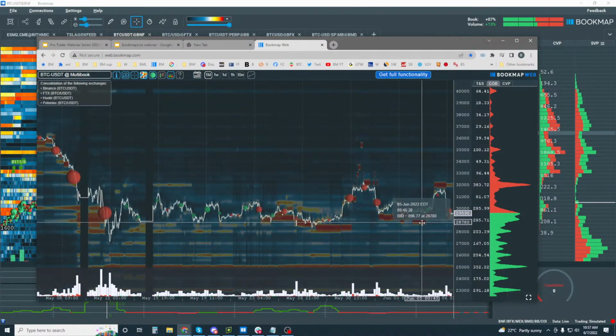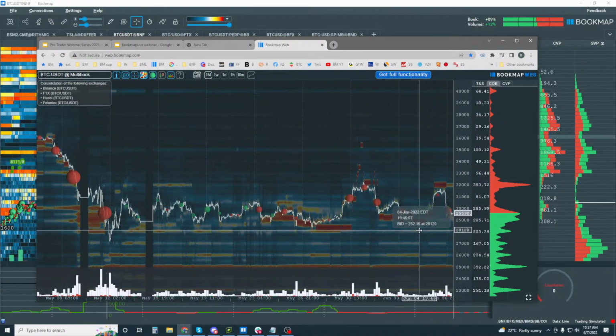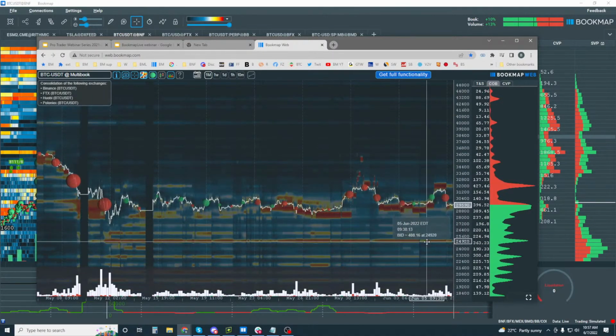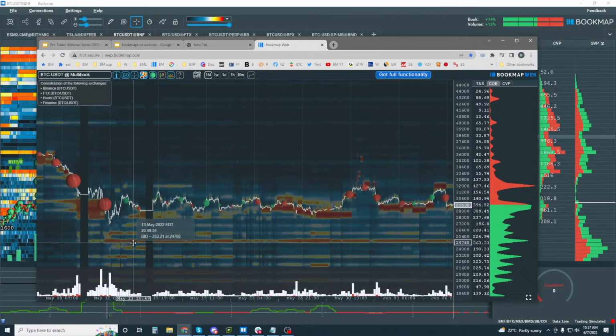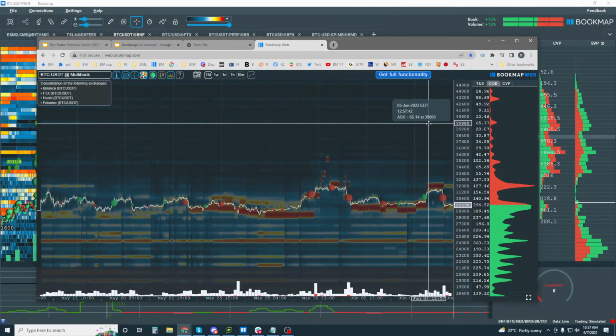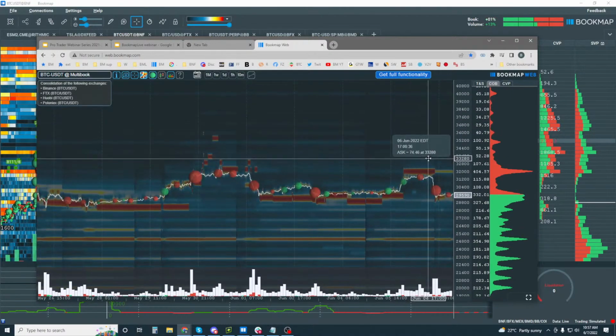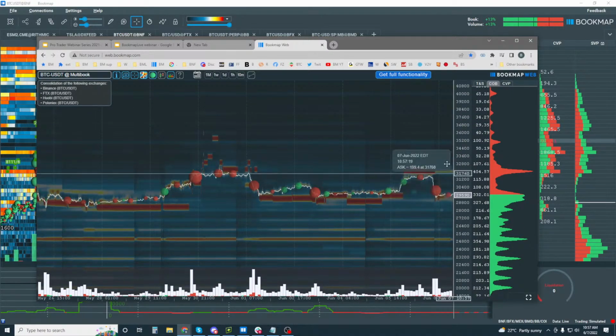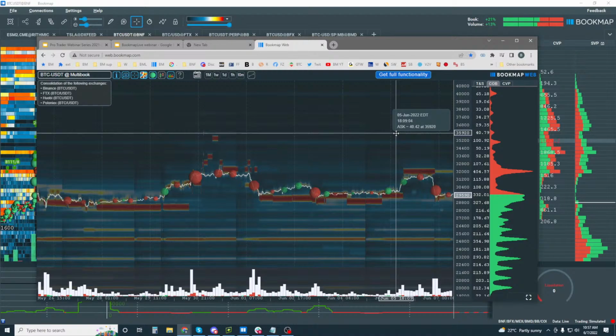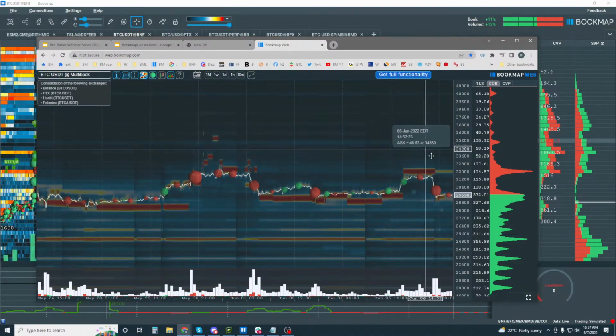And what about liquidity on the bid down here? Well, there's some at 29,000, and then down at 28. But there's quite a bit more down around 25, and they've been in here for quite a while, for a month. So our higher time frame analysis is not bullish at all.